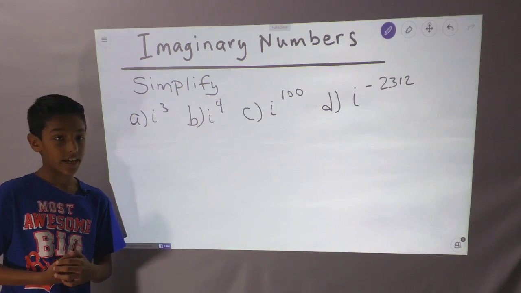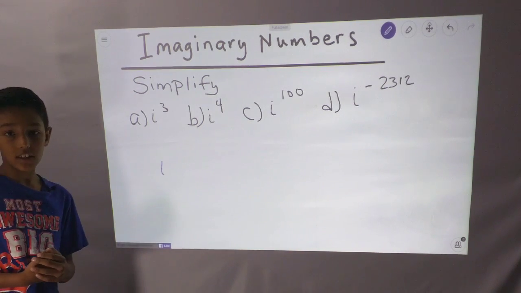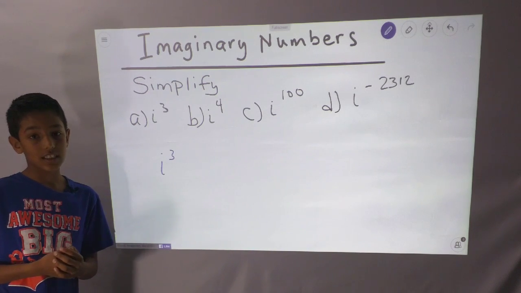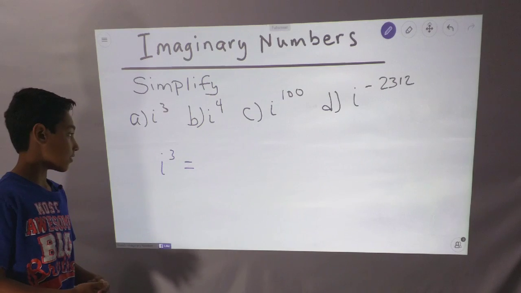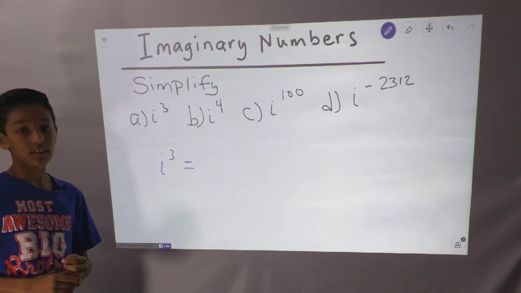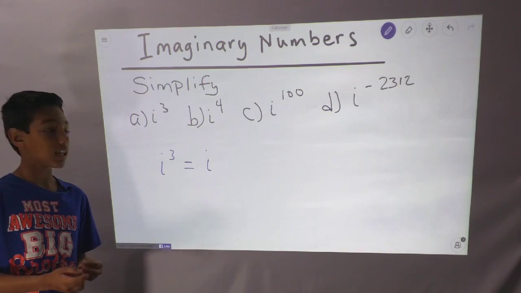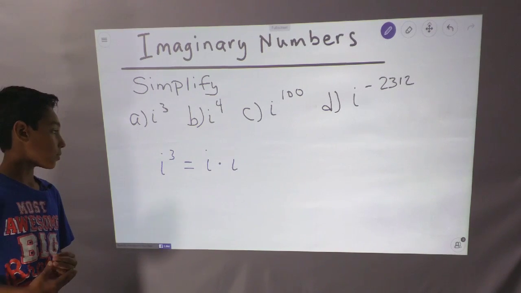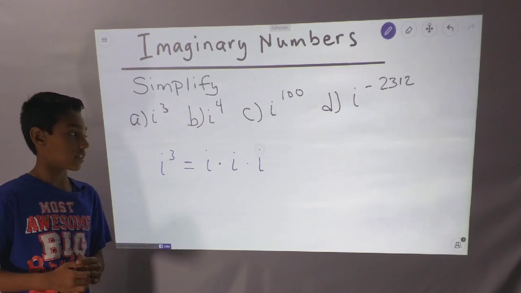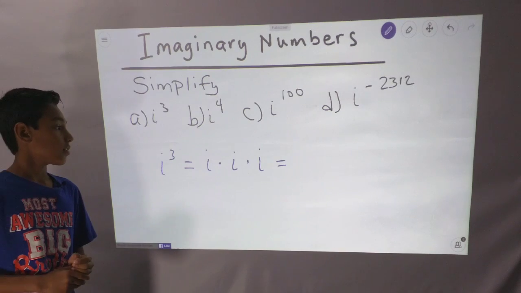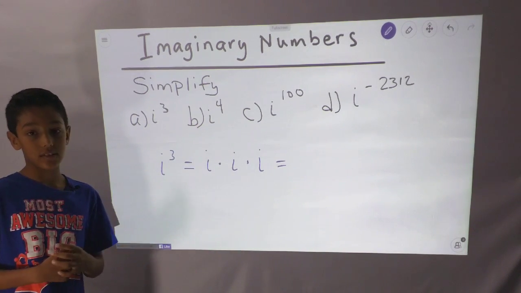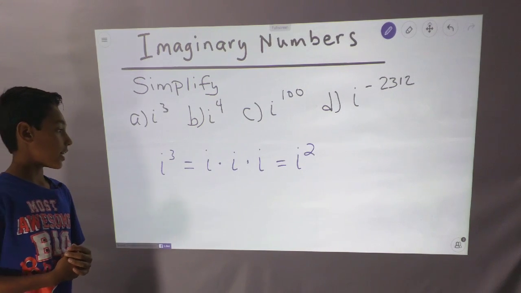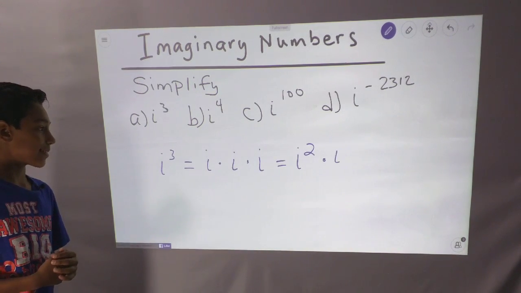So let's start with A. A is i to the third. The easiest thing to do, it helps me a lot, is to separate it or break it out. So i to the third is just i times i times i. We know what i squared is, so i times i is i squared, and then times i.